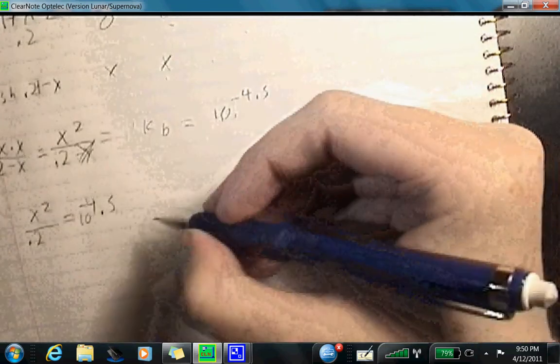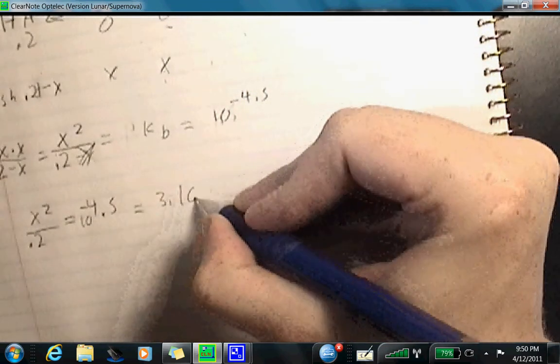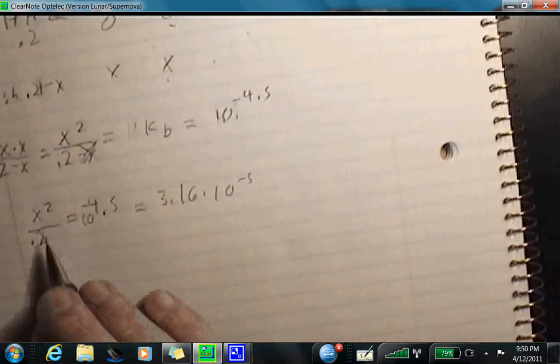So when we raise 10 to the negative 4.5, what we're going to get is 3.16 times 10 to the negative fifth. And then we're going to multiply by 0.2 over here.